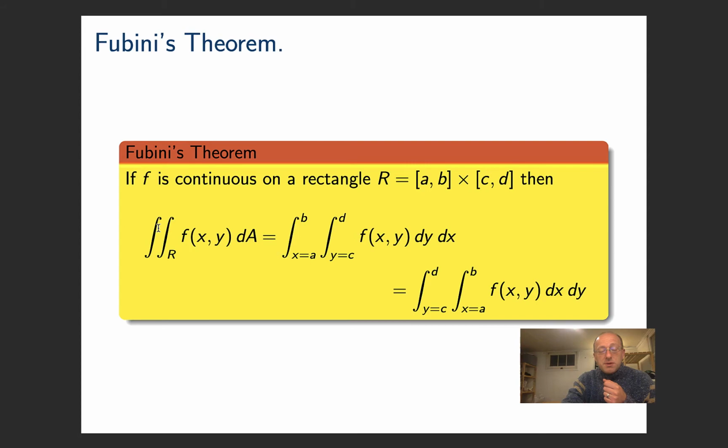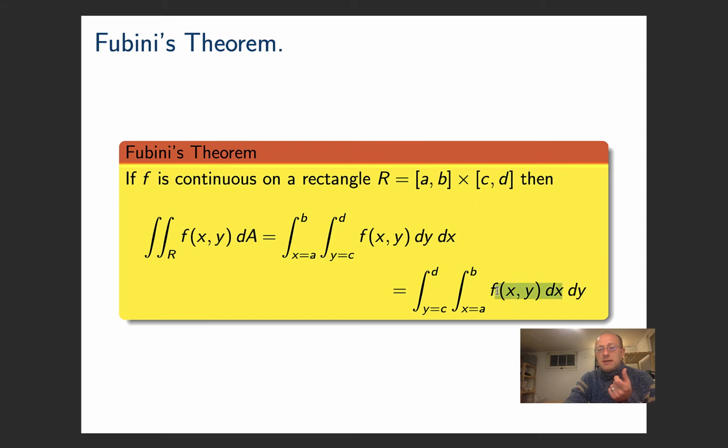The integral that we're looking for with all those pillars, we get the same thing. If we integrated from x equals a to b, that would be one single row, and we're treating y as a constant in that inner integral.